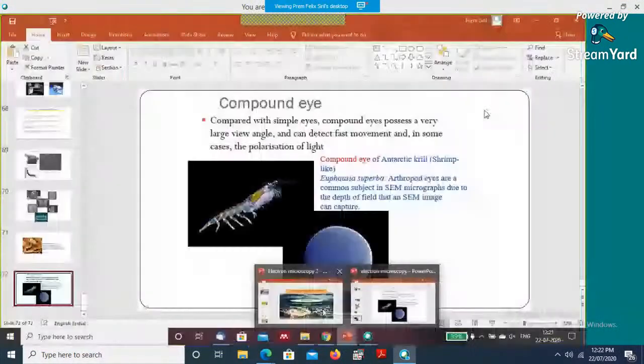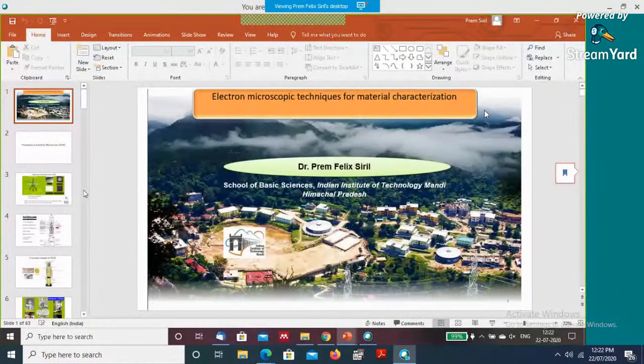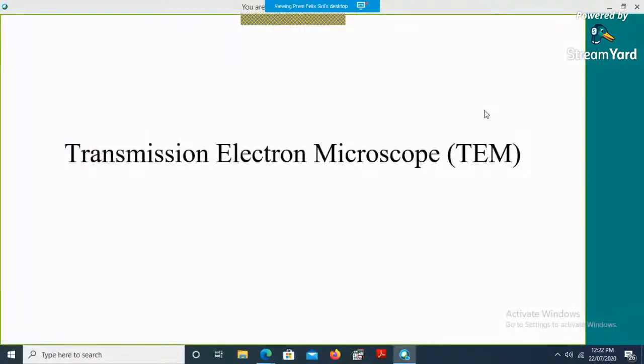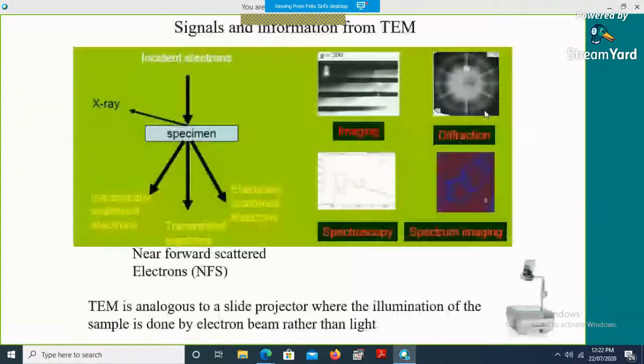I will now move on to the transmission electron microscope. I will try to discuss the basic functioning of TEM, and we will also discuss its applications. As we discussed in the beginning, in TEM, it is the transmitted electrons which are captured.